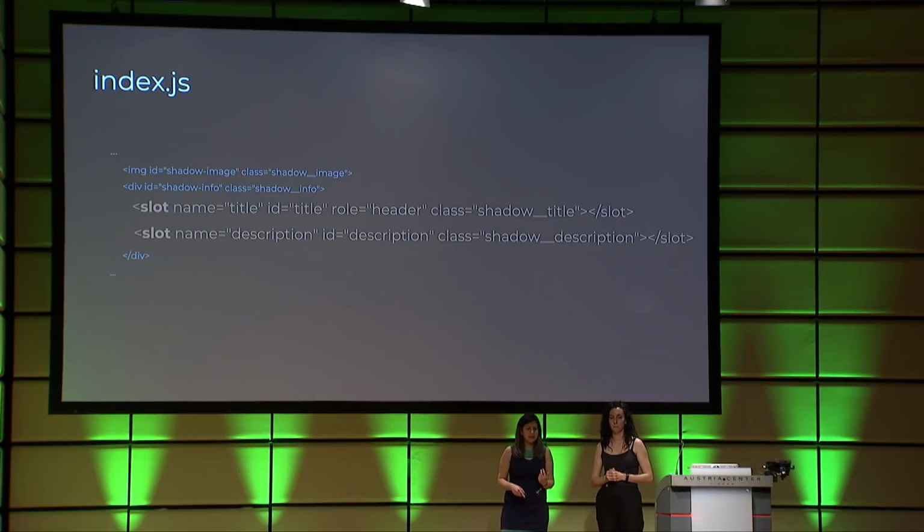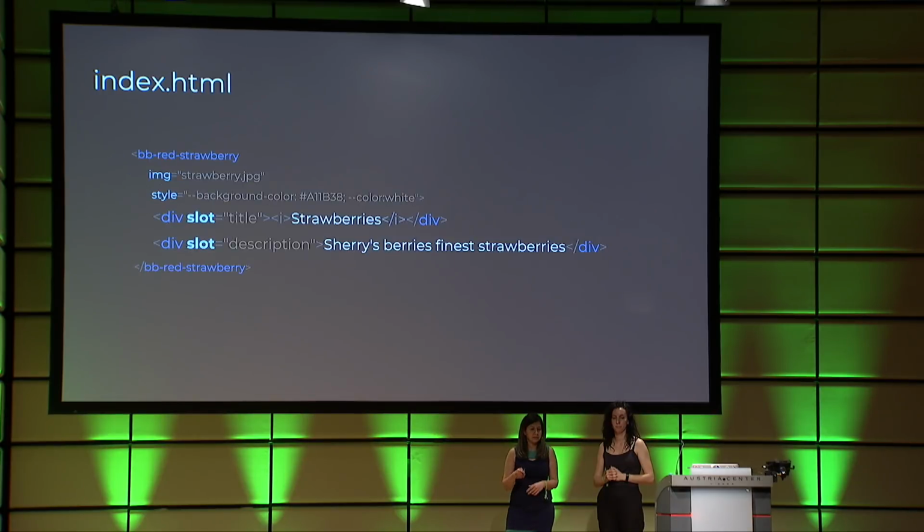And this is the slot that Anna was talking about. This is our template. You can see that we defined two slots here, and we can have as many as we want anywhere in our template. But we should remember that they have a name. In our case, one of them is title, and the other one is description. Let's see how we can use it.